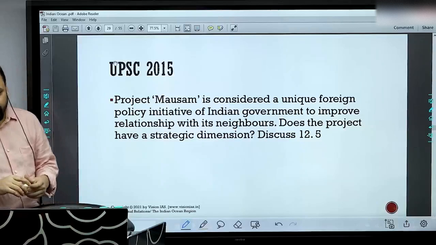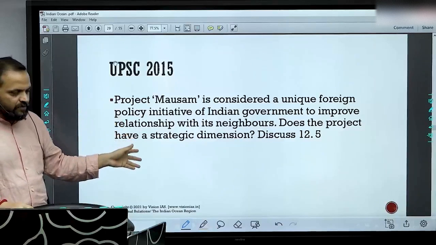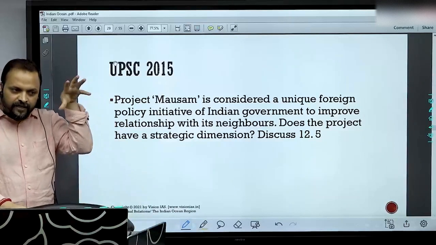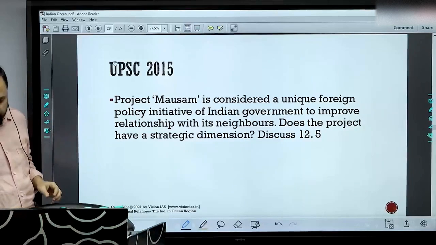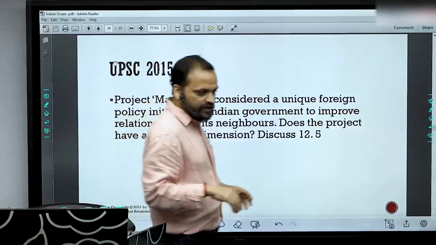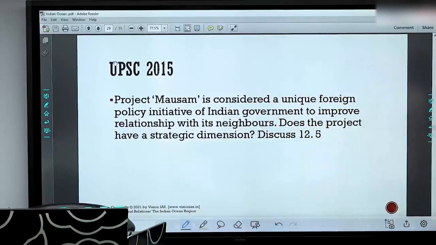So a smart answer would be a combination of what the question has asked, but also framing it within the larger strategic perspective of India's approach and role in the Indian Ocean region, and how Project Mosam then promotes either SAGAR or promotes India's role as a net security provider, right?